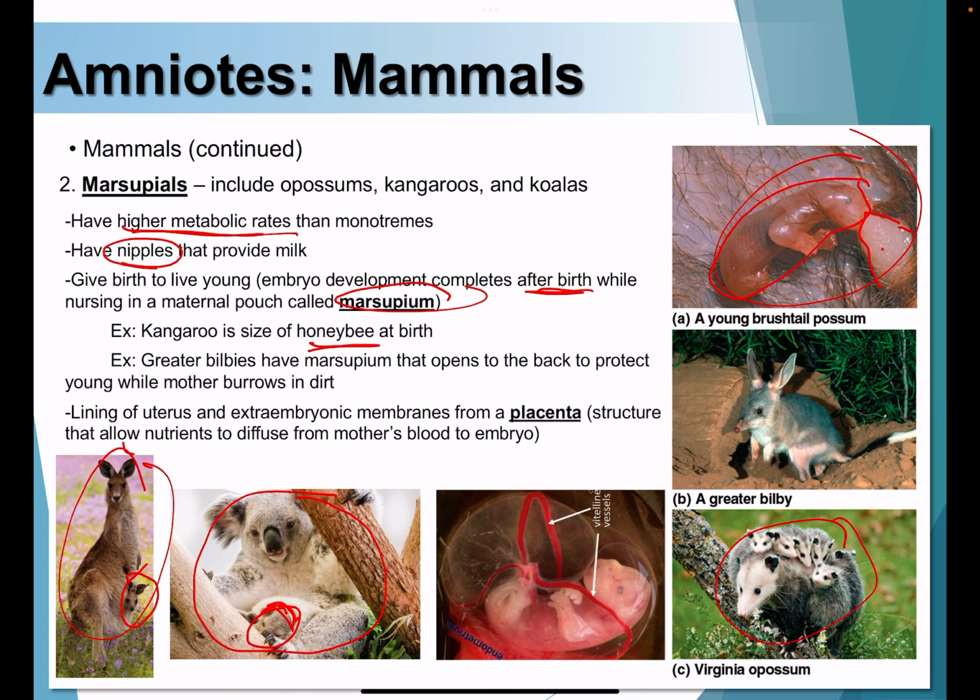And that little thing somehow has the capacity to climb up from where it came out into the marsupium of the kangaroo. And notice that they only have some sort of arms. Their feet and legs at the moment are still little buds at the bottom. So that is an amazing way how marsupials are able to have the next generation.